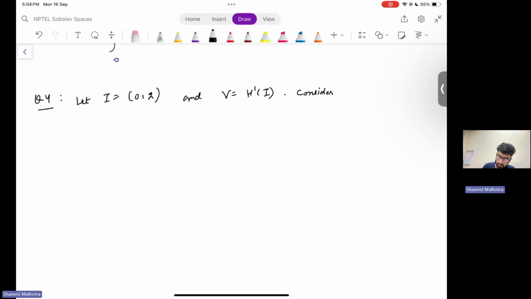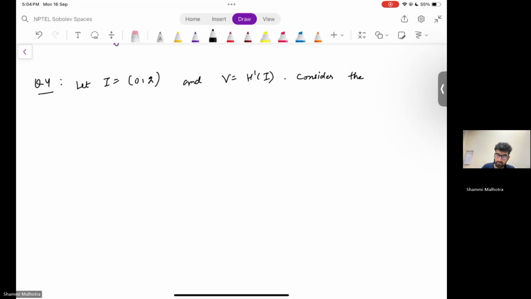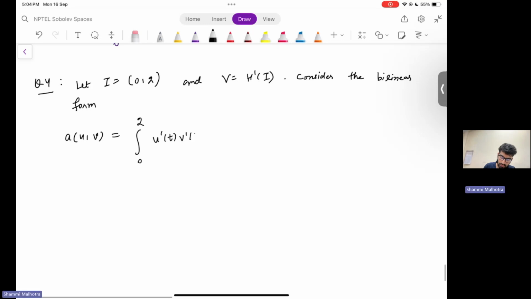Consider the bilinear form given as A(u,v) equal to the integration from 0 to 2 of u'(t) v'(t) dt plus the integration from 0 to 1 of u(t) dt times the integration from 0 to 1 of v(t) dt.